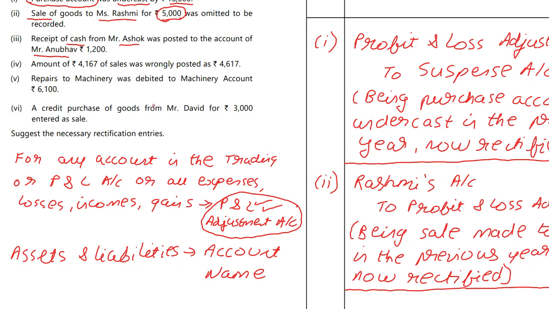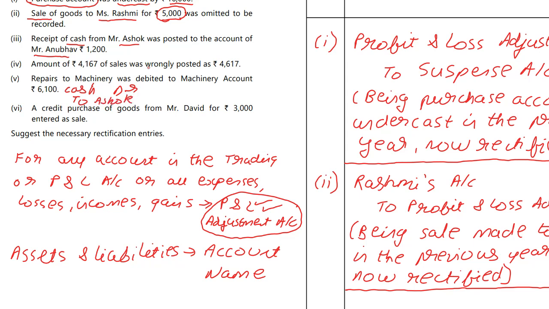And to understand what is to be done here, we are going to think of the correct entry, wrong entry, and rectified entry. If you have received cash from Mr. Ashok, the correct entry should have been, and I'm going to do it here because I have space here. If I've received cash from Mr. Ashok, the correct entry should have been cash debit to Ashok.